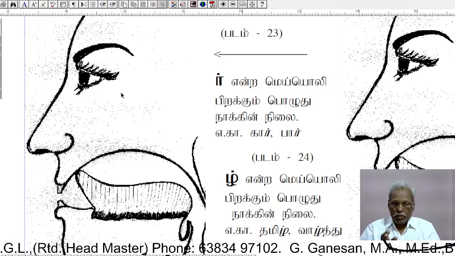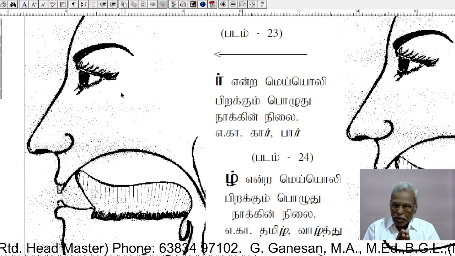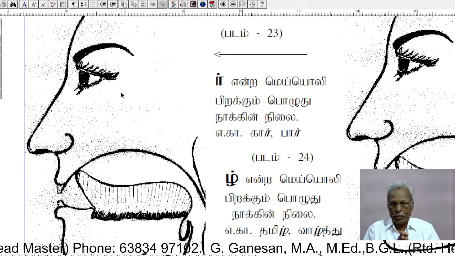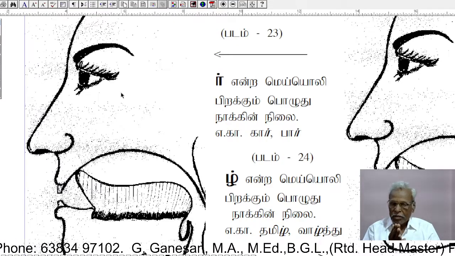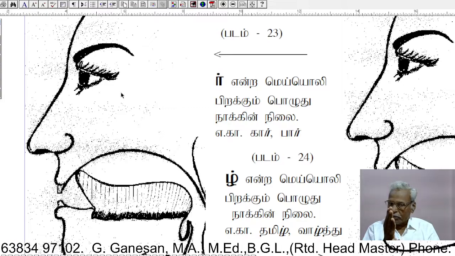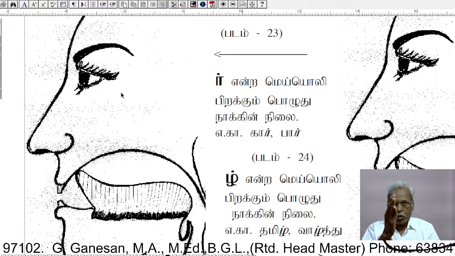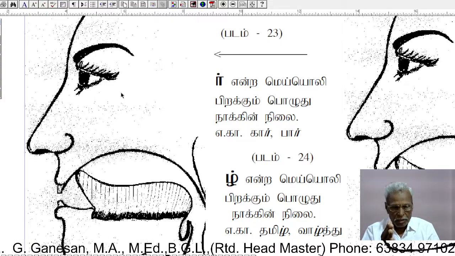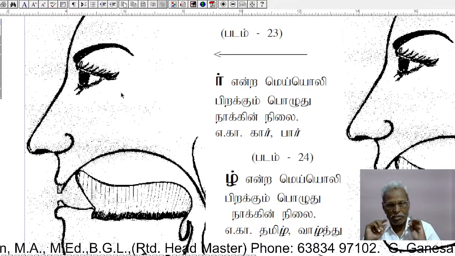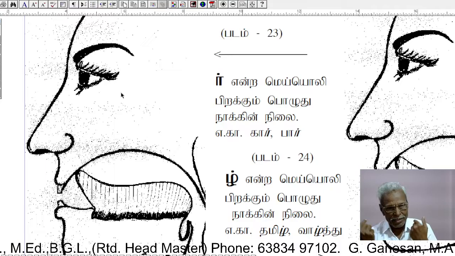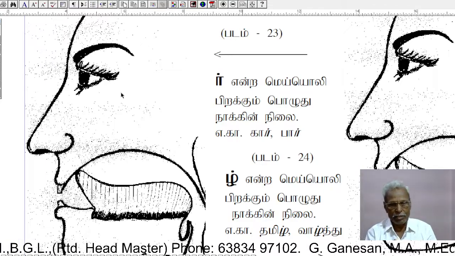Again, the phoneme is produced by raising the tip of the tongue towards the hard palate and slightly pressing it and sending out the air through the sides of the tongue and the mouth.